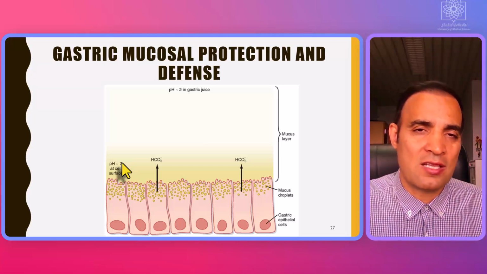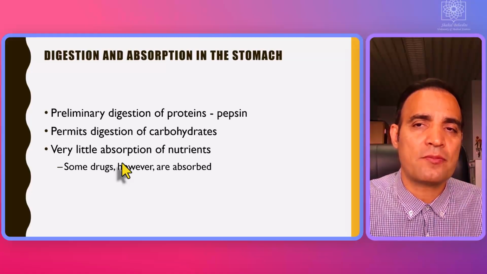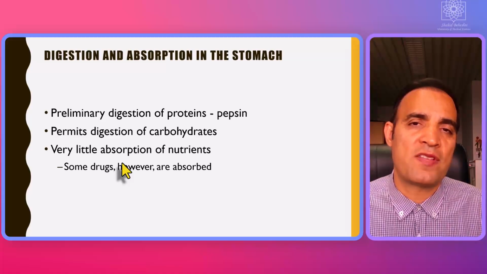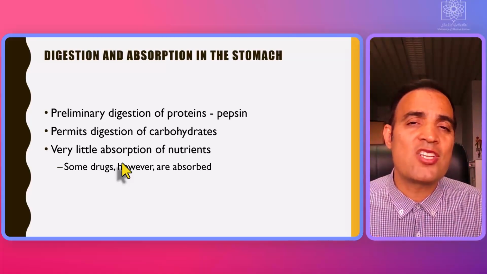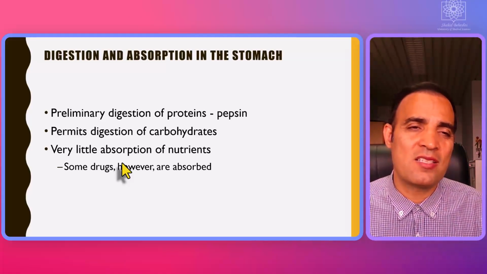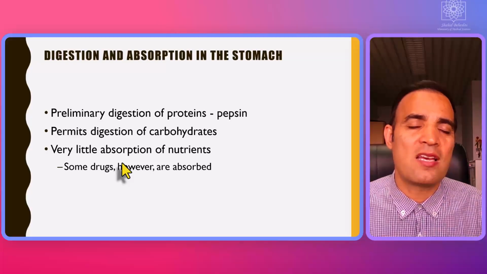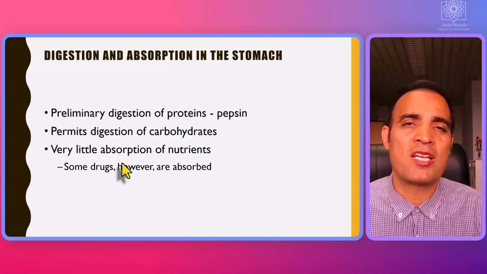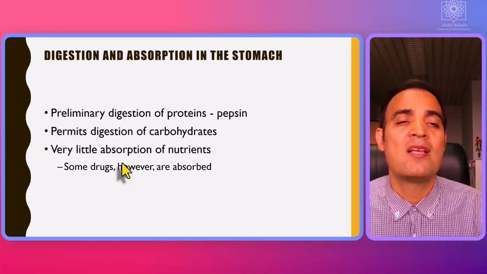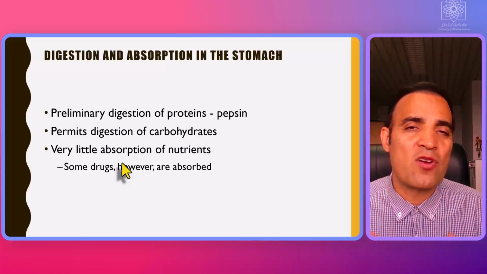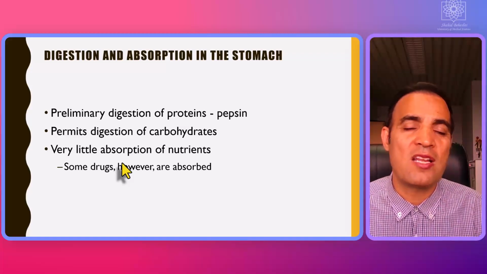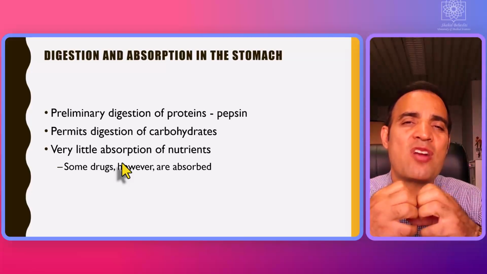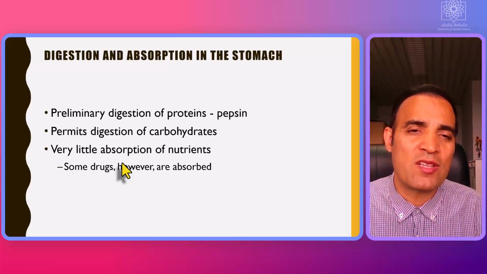In these slides, I told you about the secretory function of the stomach. In the stomach, digestion and absorption are very little. I can say that in the stomach, just preliminary digestion of protein takes place by pepsin, and some digestion of carbohydrate. Because of the movement that I told you about, the grinding function of the stomach takes place.